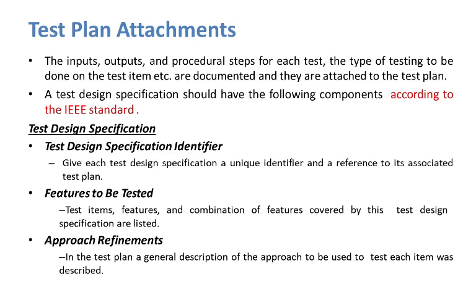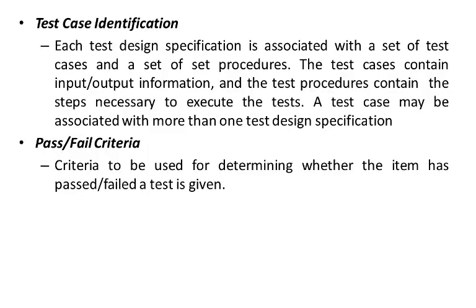The next component is approach refinement. The approach generally described in the test plan to be used to test each item is described here. The next component in the test design specification is test case identification.